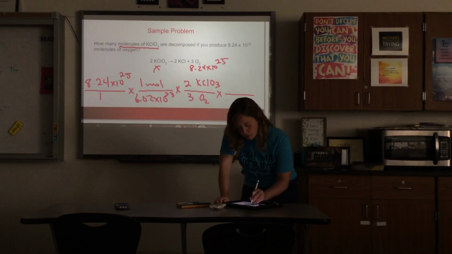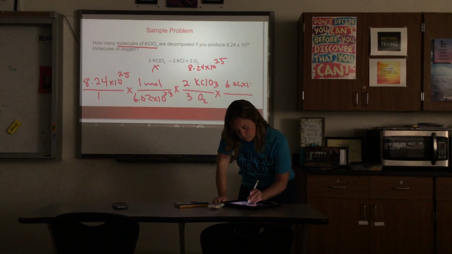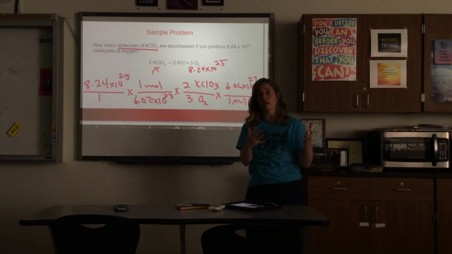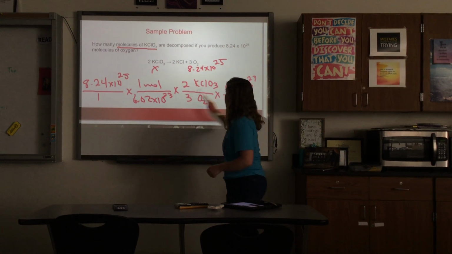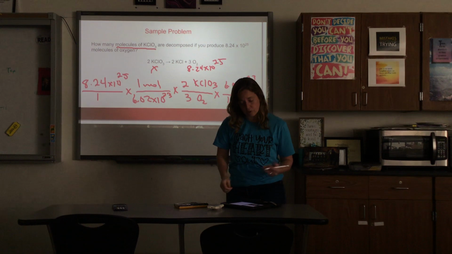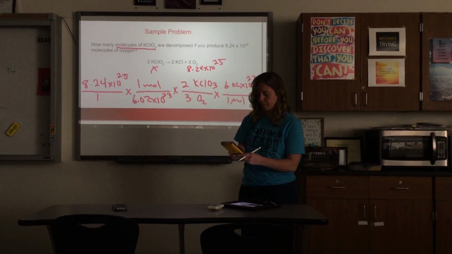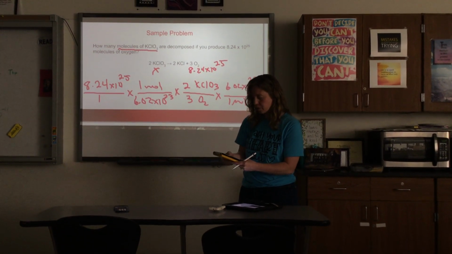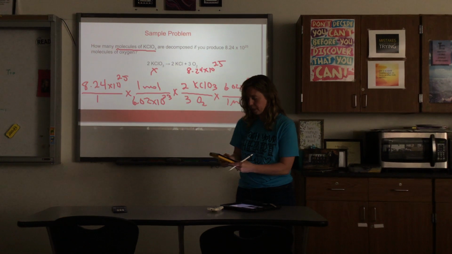So the particles are going to go on the top over 1 mole. So in essence, just like molar volume, this and this will cancel out. So you'll end up with just the mole ratio. So you'll say 8.24 times 10 to the 25th, and you're going to multiply that by 2 and then divide it by 3.